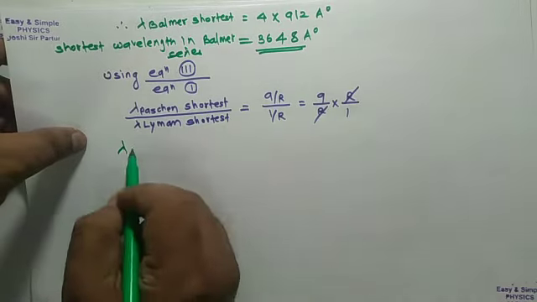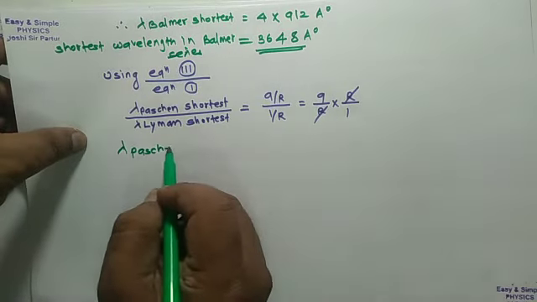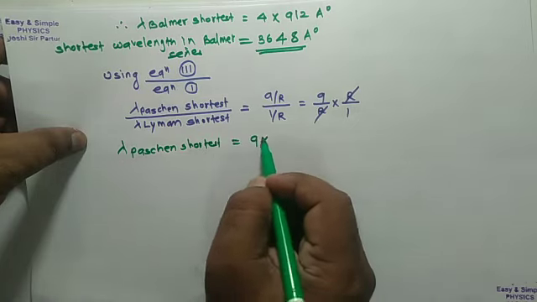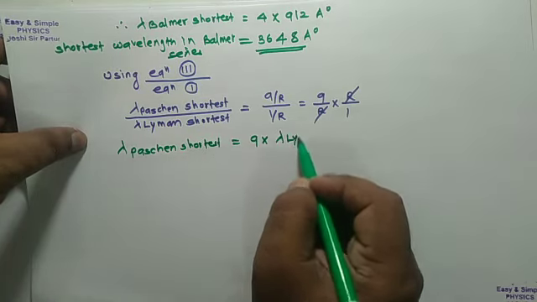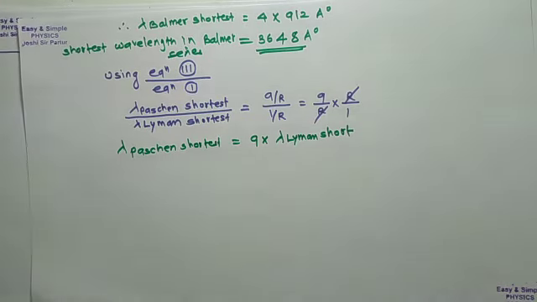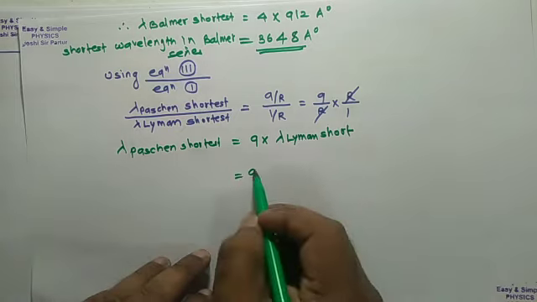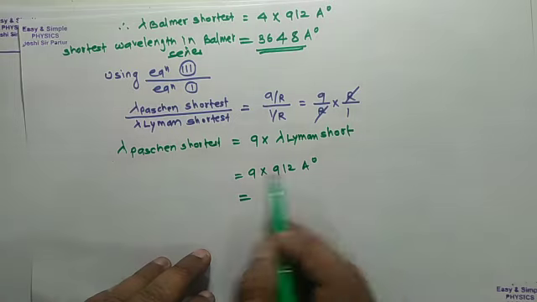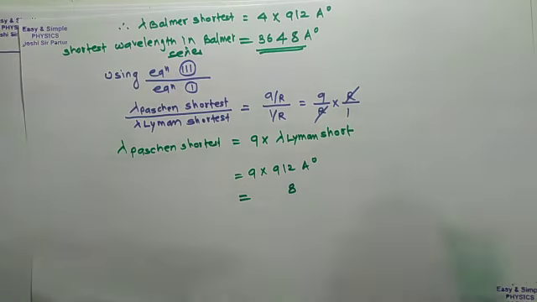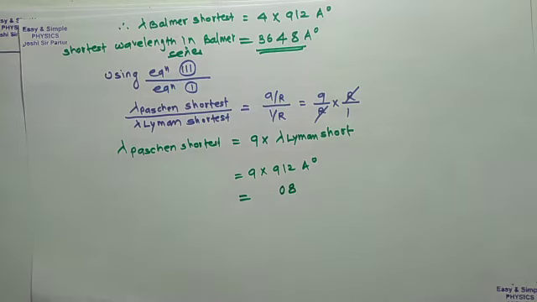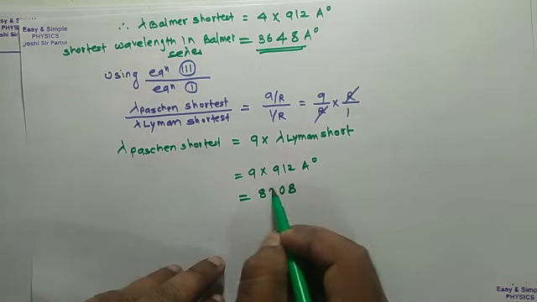Therefore lambda Paschen shortest is equal to 9 multiplied by lambda Lyman shortest. If we substitute the values, we get 9 multiplied by 912 angstrom unit. 9 8s are 72, 9 1s are 9, and 1 is remaining, 9 9s are 81 and 1, that is 82.